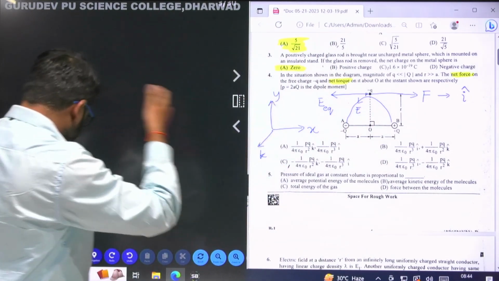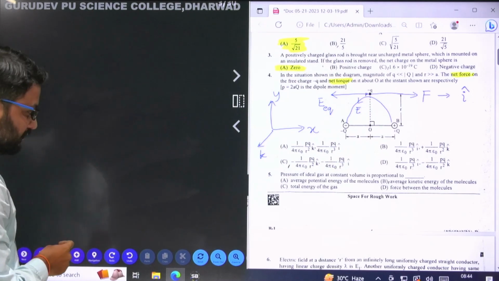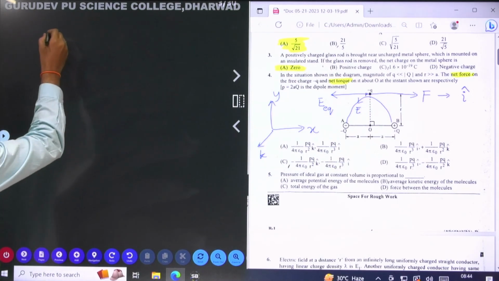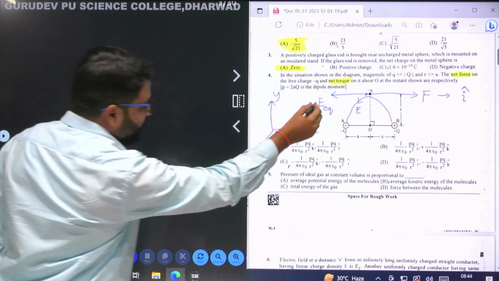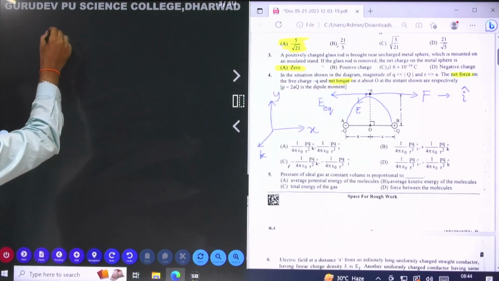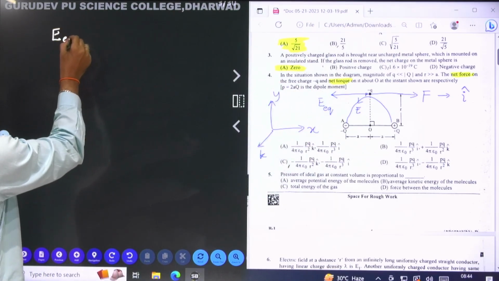Moving ahead, I would give the values. First of all, I will find the E equatorial value for the short dipole.